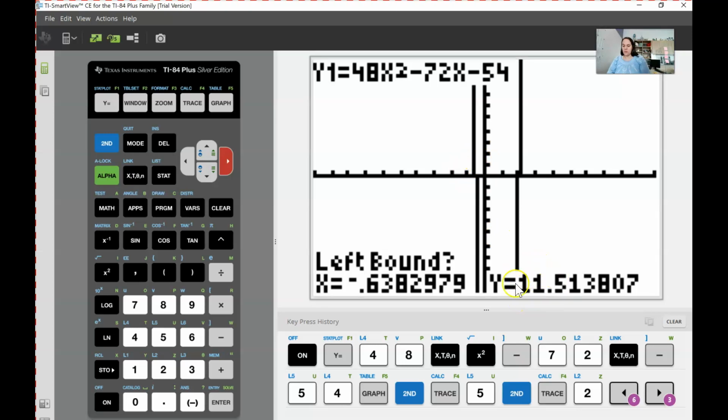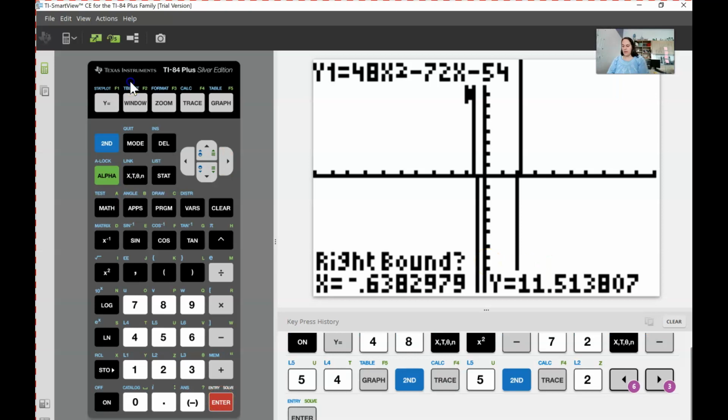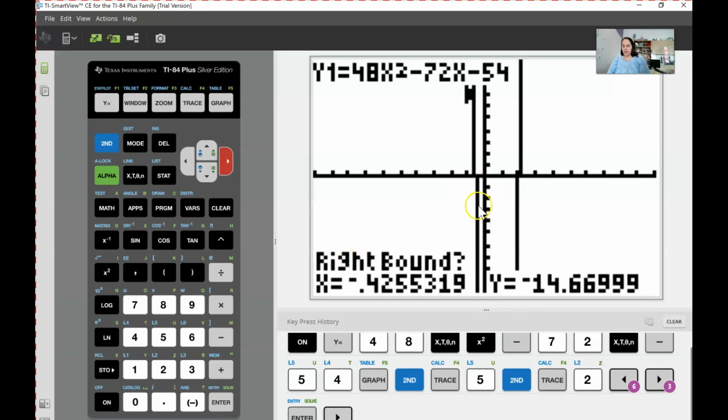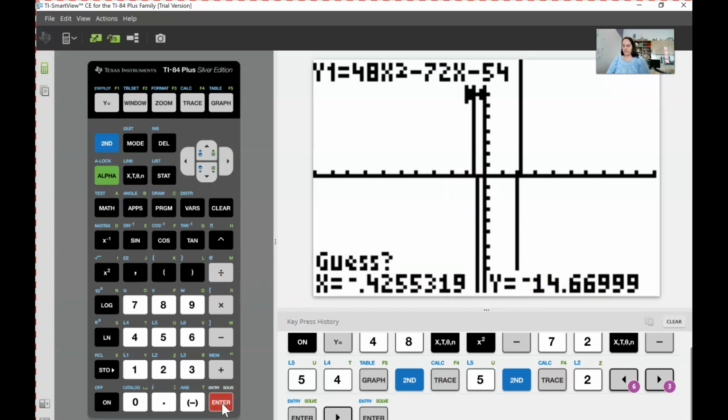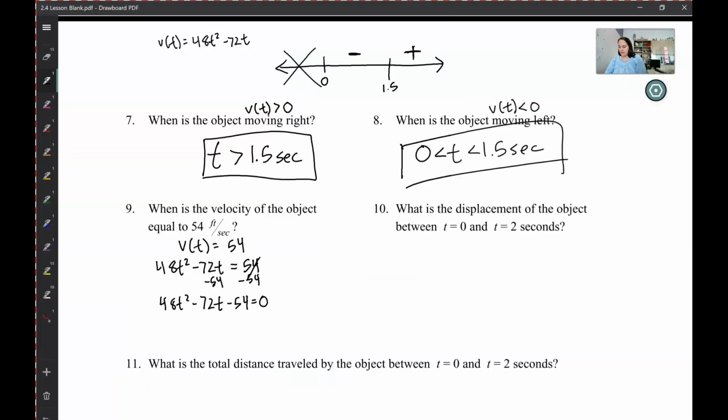So I just want one where y is a positive number. Enter. Then right bound, right here I want where y is negative. So there I've got one. Enter. I don't need to guess. And there we go. So our first 0 is at negative 0.549. T equals negative 0.549.